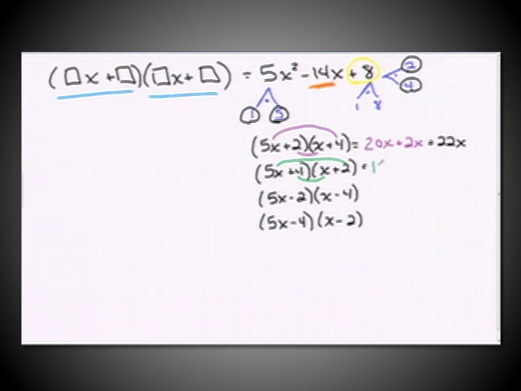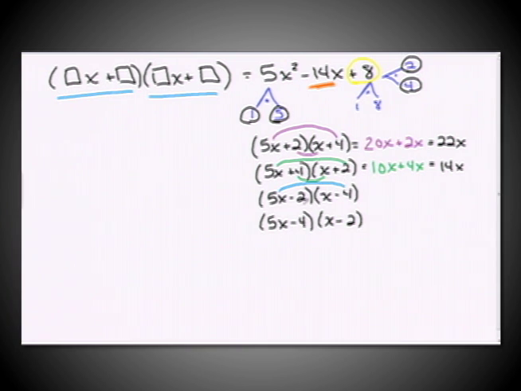Here we have 10x plus 4x, which gives us 14x. Well, it's really close, but it's the wrong sign. So we still need to keep on going.